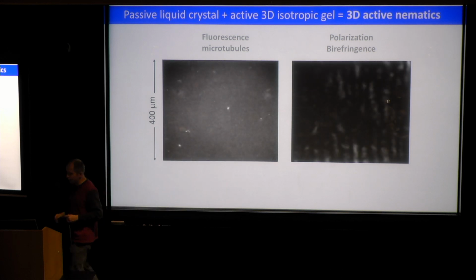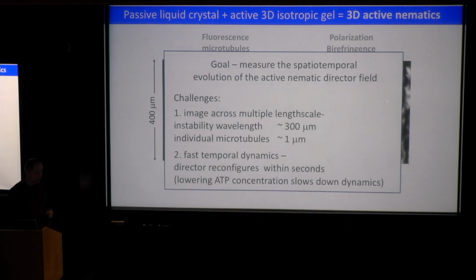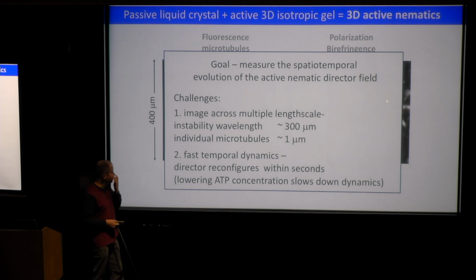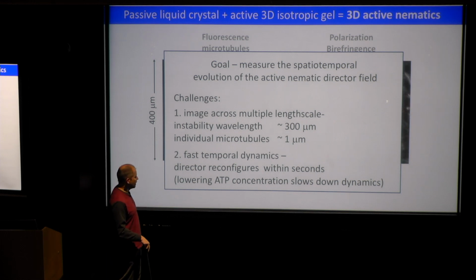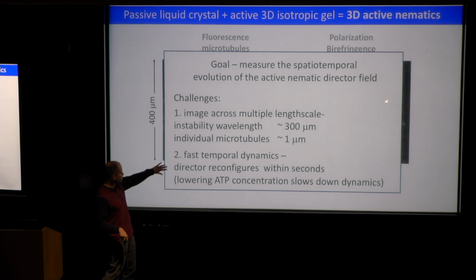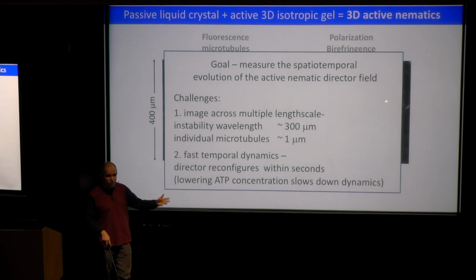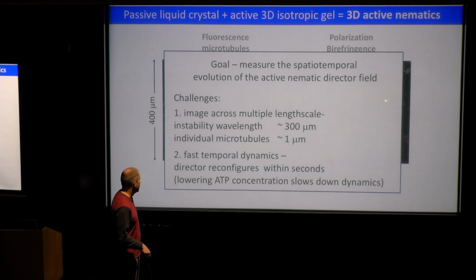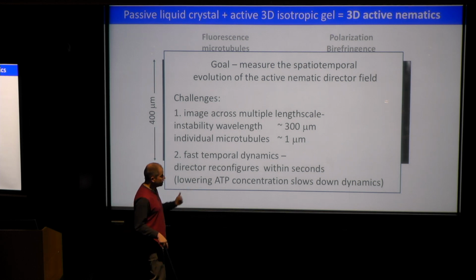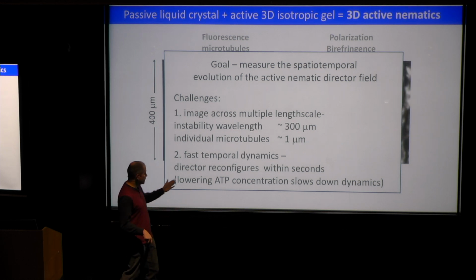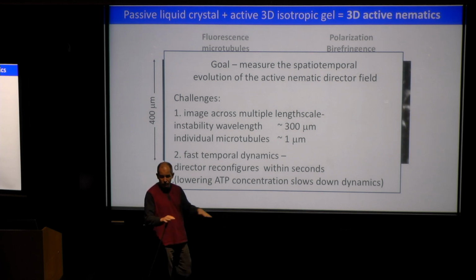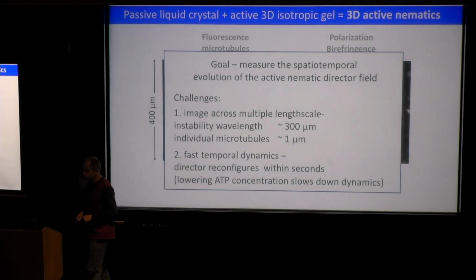You can try to do that with a confocal, which is the kind of standard go-to technique, but that simply doesn't work, right? The other thing that we want is to image how the structure evolves in time, right? And so that's where our system is very nice because we can lower the ATP concentration and really slow down the dynamics so that we can study the structure of our material.